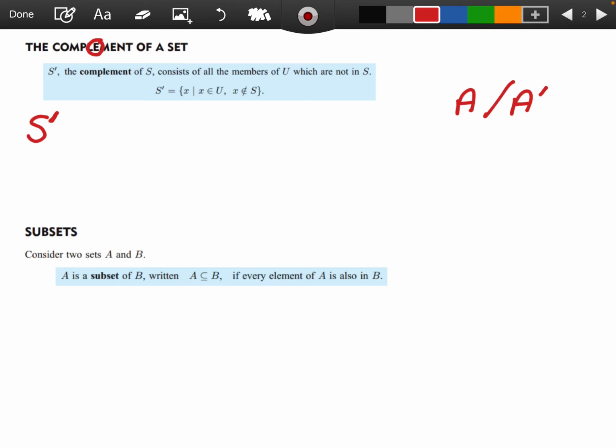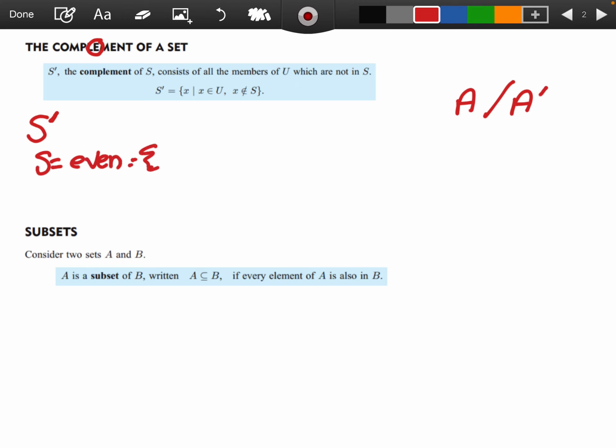It represents all of the members of U that are not part of S. So when you put them together, they give you the entirety of U. Imagine, thinking back to our universal set, the numbers 1 to 10, that S is even numbers.